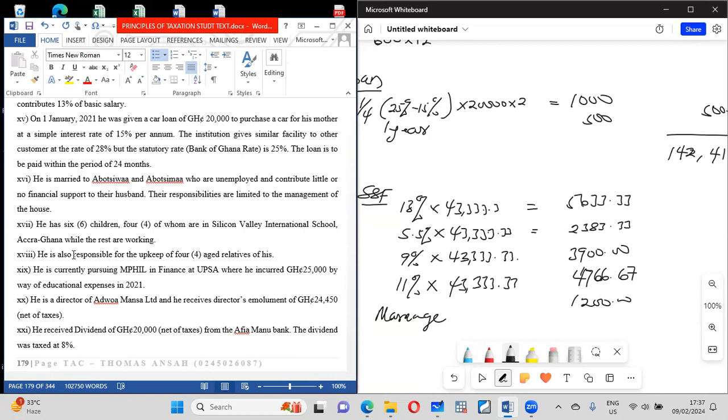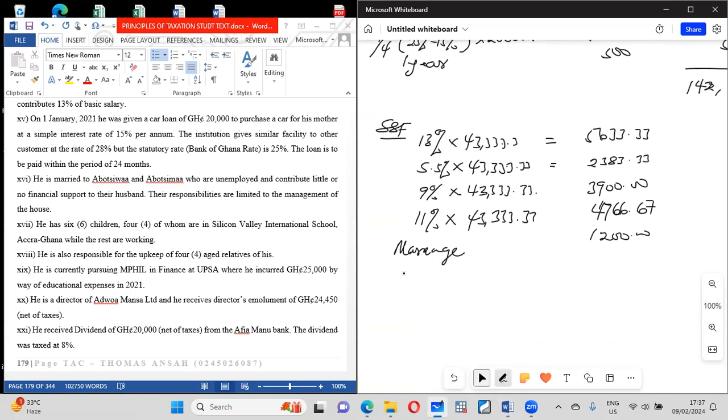We know that Silicon Valley is a recognized school in Ghana. So you are going to give him the allowances for the 3. All right, let's give him the allowances. So that one will be 1,008. Is that not it? Okay, so 1,008 children.